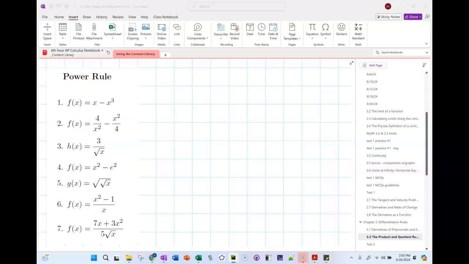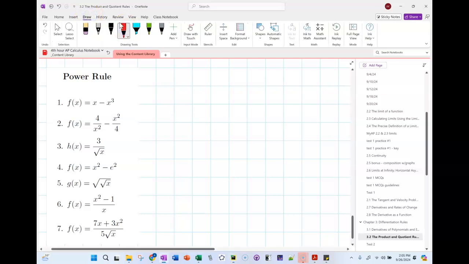Looking at number 1, we're just taking the derivative. These are all just power rule problems to start. You might have to do a little bit of cleanup for some of the later ones, some algebra before you can take the derivative. Not really the case on the first one.